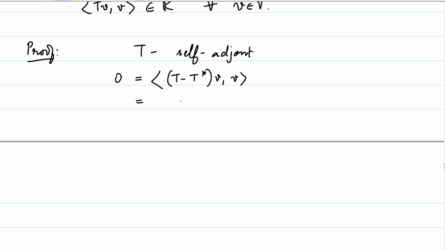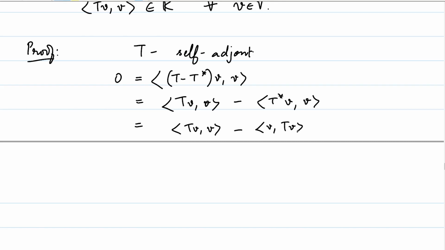But what is this? This is equal to TV comma V minus T star V comma V, and by definition this is equal to TV comma V minus V comma TV. This is equal to TV comma V minus the conjugate of TV comma V.